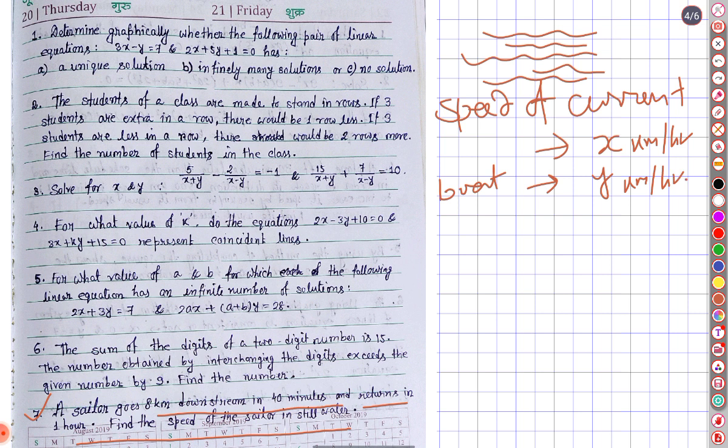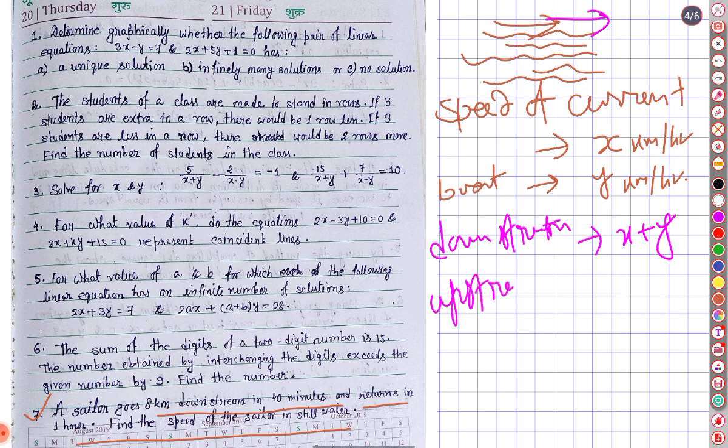So there are two cases. If the boat is flowing towards the current, then it is called downstream. In case of downstream, the resultant speed will be more, x plus y. And if the sailor is sailing against the stream, then it will be upstream.